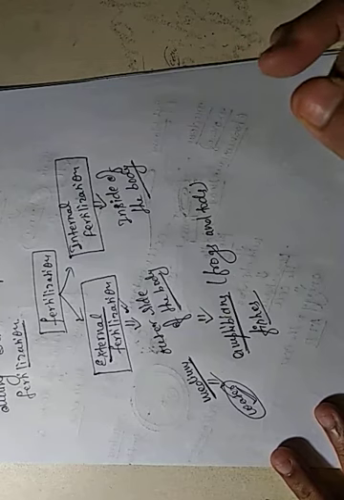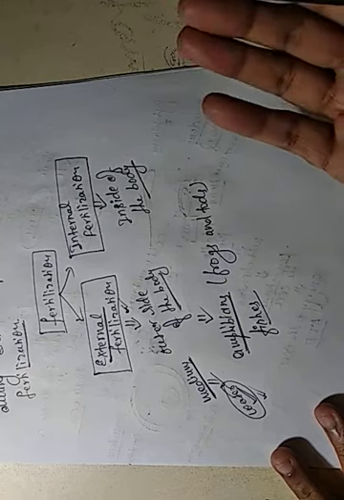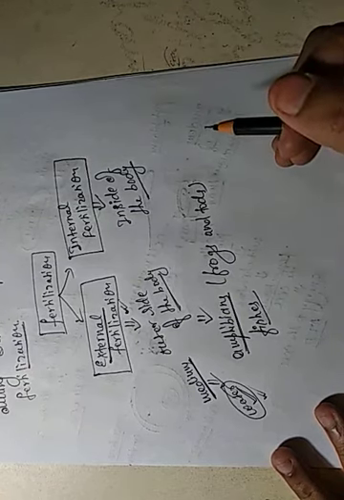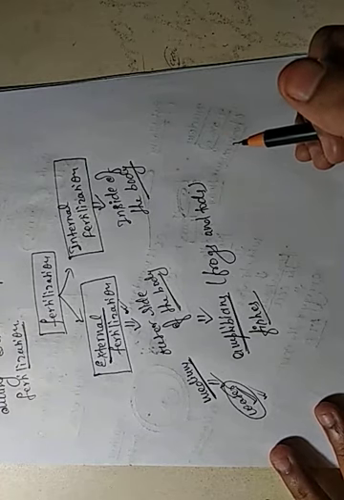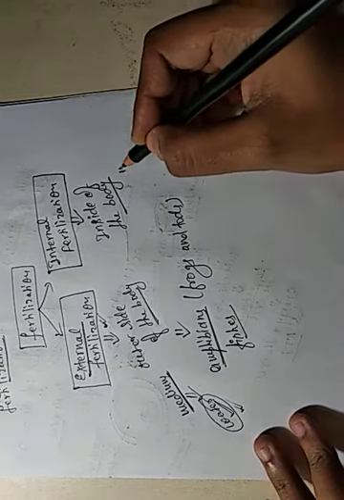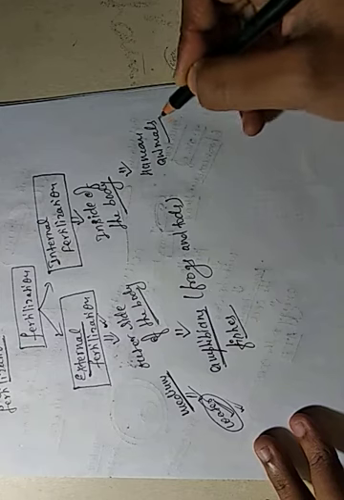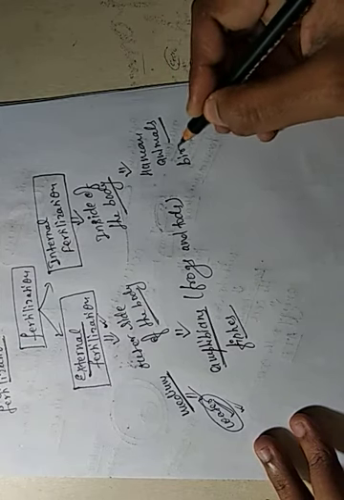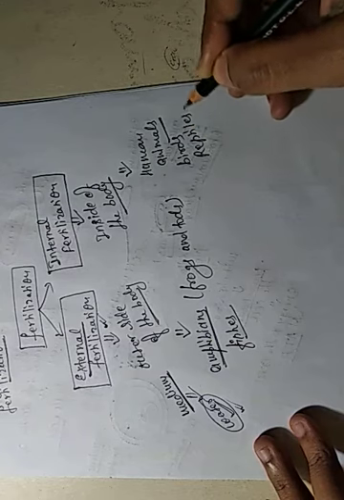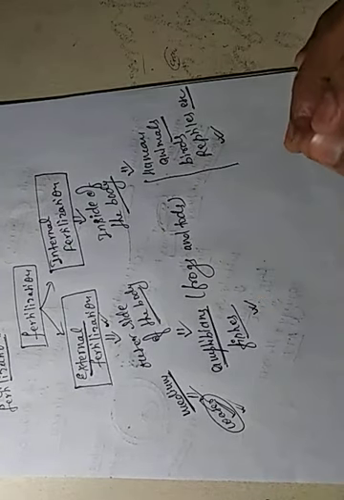Internal fertilization, which is already known to occur inside the body, is seen in humans, animals, birds, reptiles, etc. These are internal fertilization and these are external fertilization.